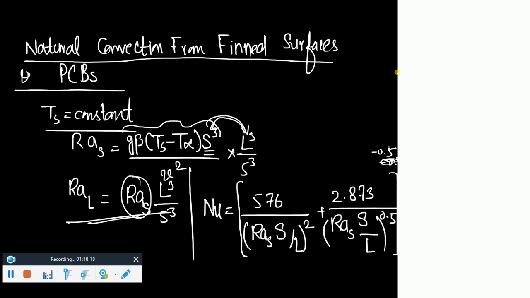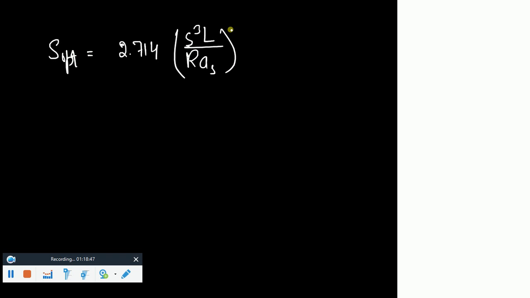Okay. Now, there is another point: how we can find the optimum spacing between those fins. Because if you keep more gap, surface area would be increased. If you keep less gap, flow would be disrupted. So you need to look for something optimum. That optimum width would be S optimum equal to 2.714 S cube L over Rayleigh number, or more appropriately, 2.714 L over Rayleigh number based on L to the power 0.25.